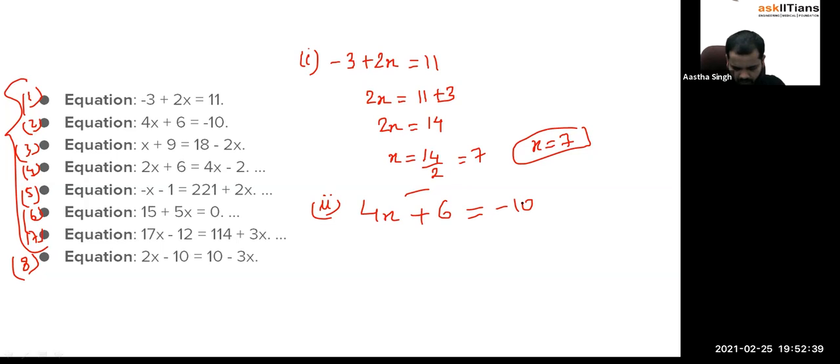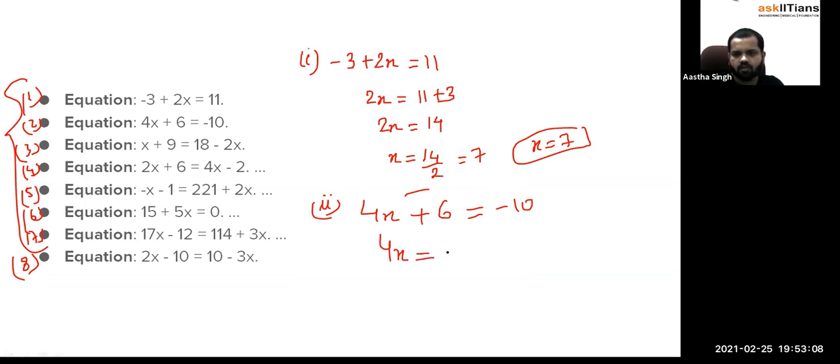Try to do it. So yeah, your 4x, your plus 6 will go to the other side and become minus 6, right?